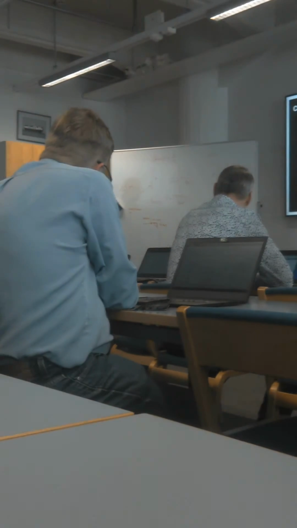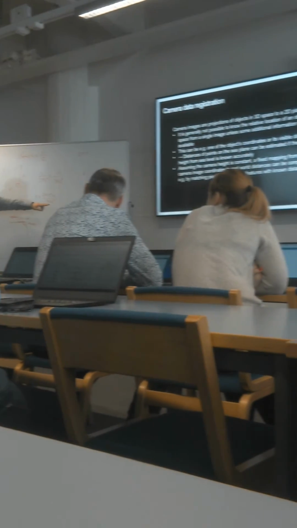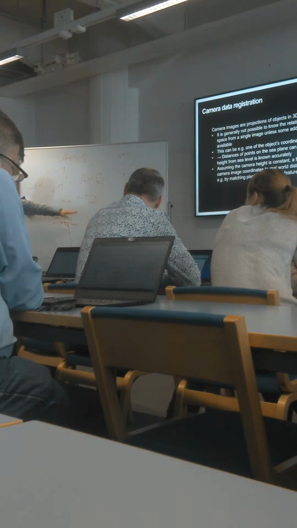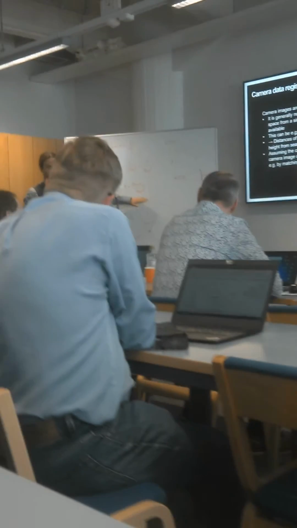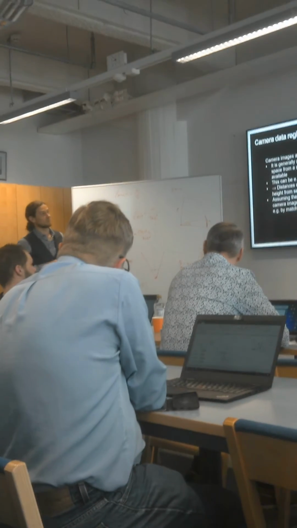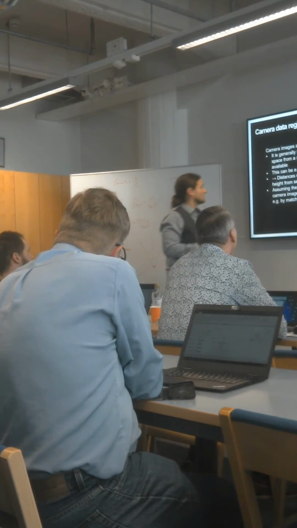There is simply no way of knowing it. Unless you know something about this, like it is part of an object, or you know its height. In that case, it becomes a two-dimensional projection, and then you can compute the location. So you need additional information.